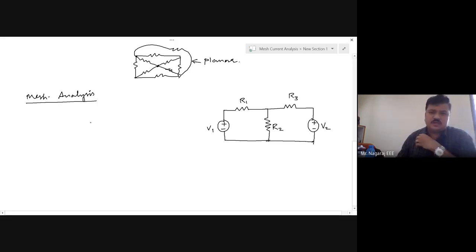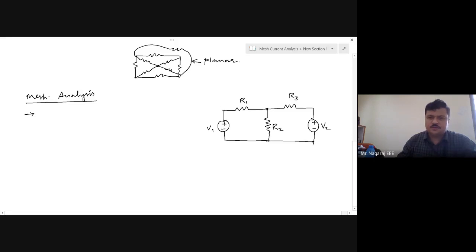Okay. So mesh current analysis is started with, first we should see how many meshes are present in the circuit. Okay, we know now what a mesh is. A mesh is that primitive loop in the circuit into which there is no other loop present.